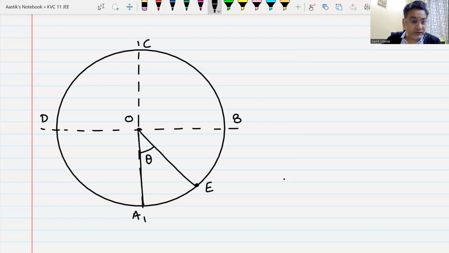Now again I ask you the same question. What are the forces acting at point E? When it is at point E here, obviously it has a velocity. Let me call it VE. What are the forces acting on this block at point E?